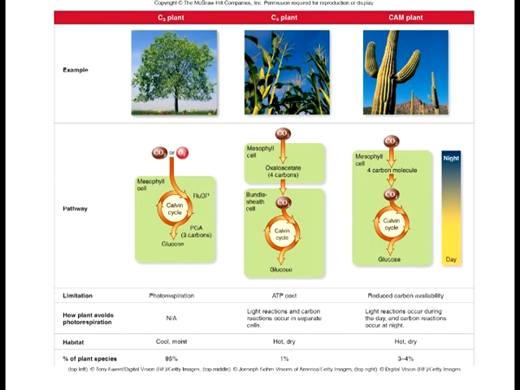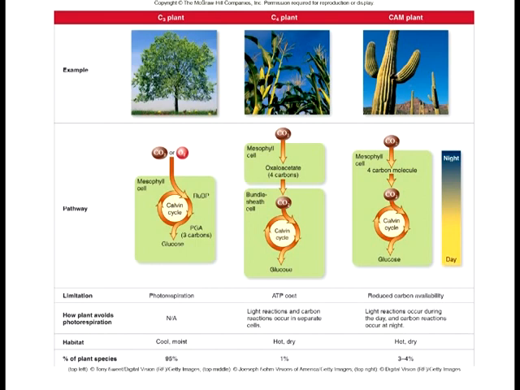The enzyme that the C4 pathway uses to capture carbon dioxide doesn't care how much oxygen is present in those cells. So it doesn't make the mistake of trying to combine a sugar with oxygen like the Rubisco does. So in that scenario, what happens is these desert plants can close their leaf openings for long periods of time.